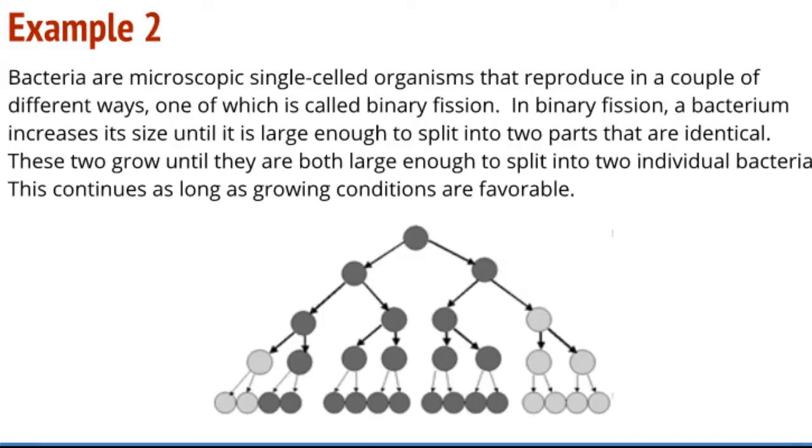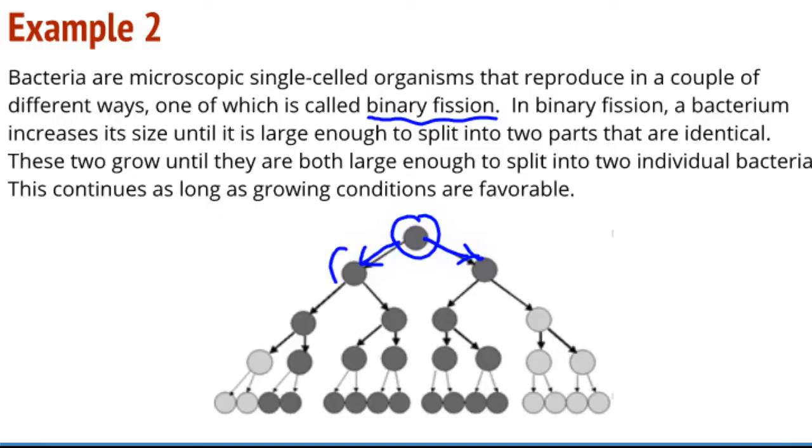All right, another common example dealing with exponents is bacteria. Bacteria are little single-celled organisms, and they reproduce in a couple of different ways, one of which is called binary fission. So the bacterium, which is the singular for bacteria, grows until it splits. So one of them grows and splits into 2 of them.